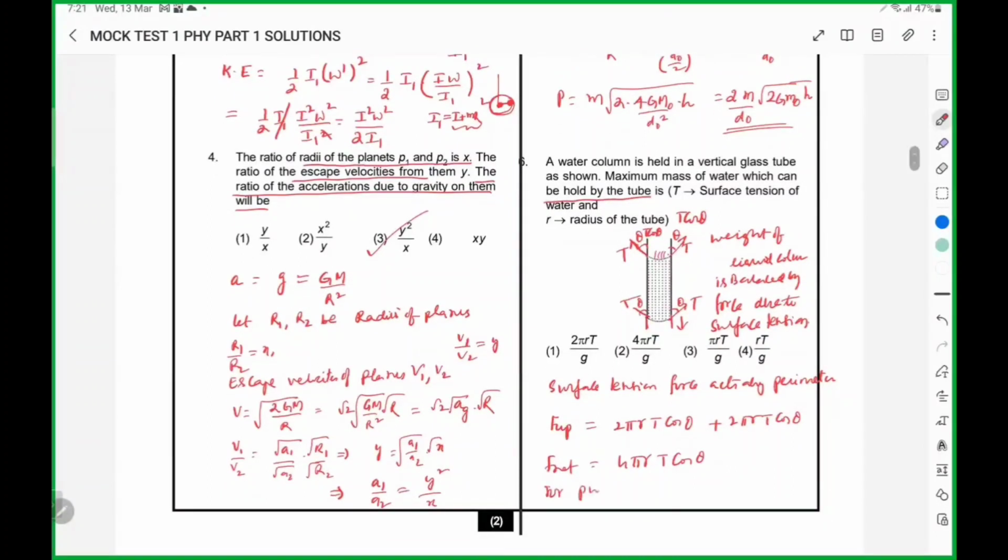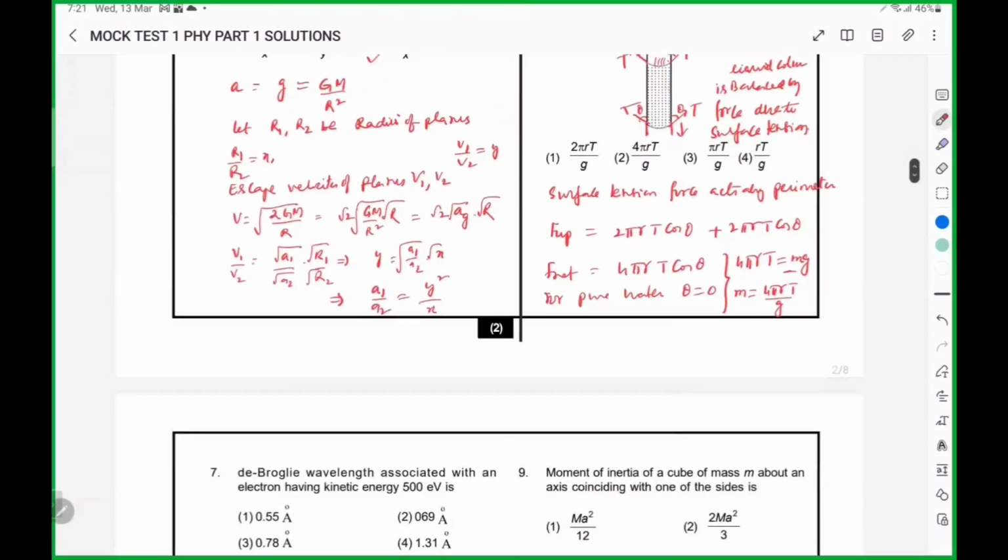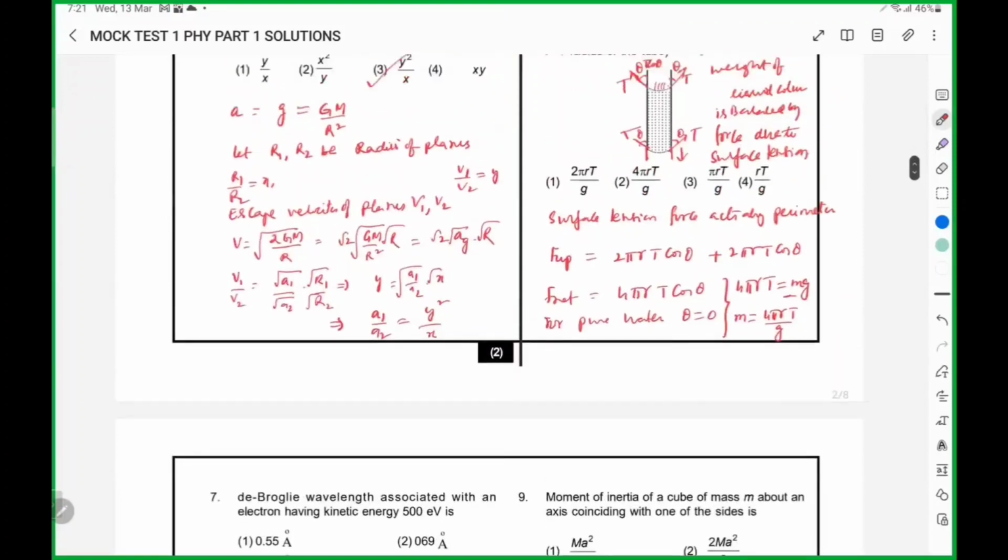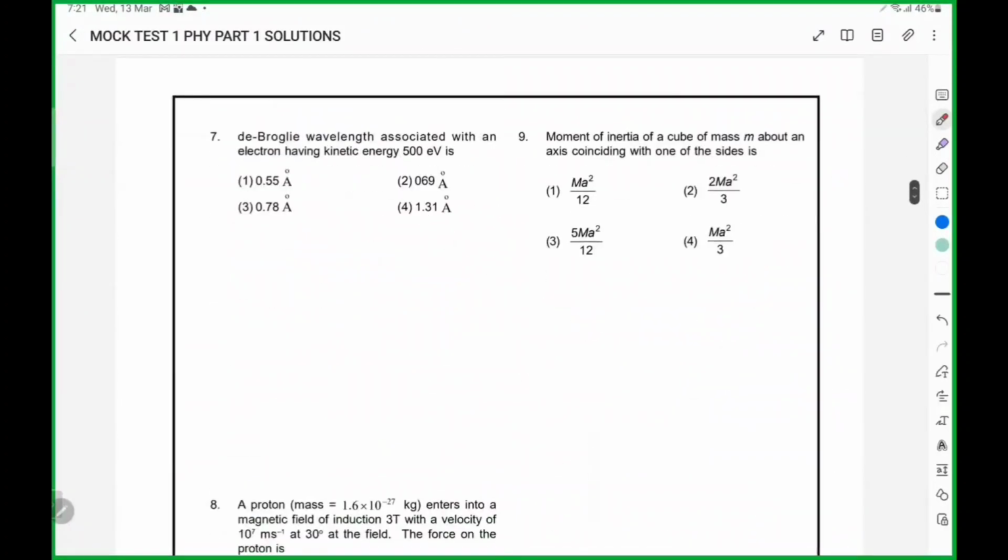For pure water, theta is 0. So the net force due to surface tension is balanced by the weight. So maximum mass means 4 pi r T by g, since cos theta is 1. So the second option is correct.